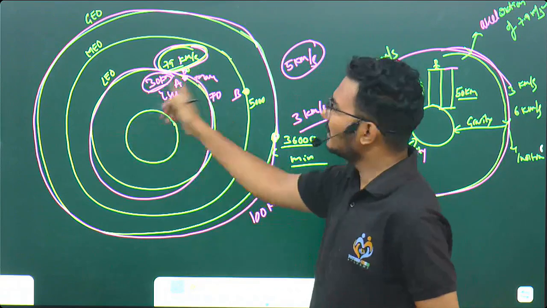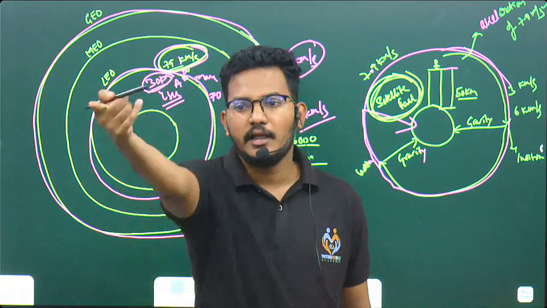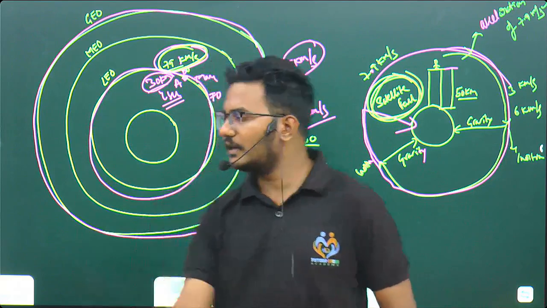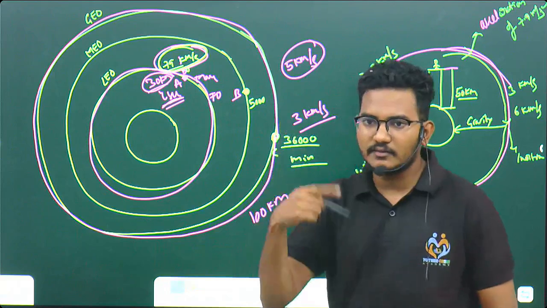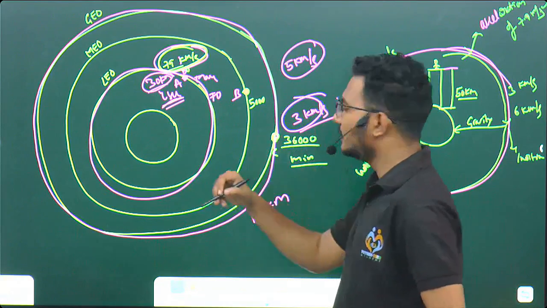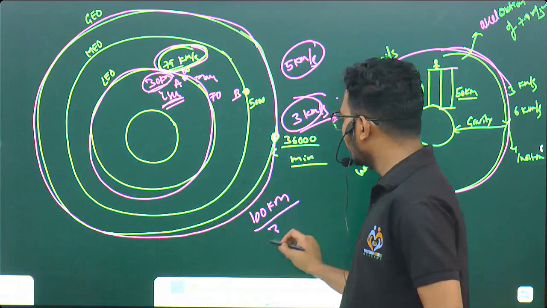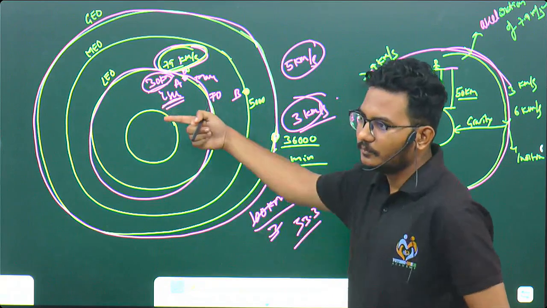In a second, it is covering 8 kilometers, guys. So if I close my eyes and open them, it will have covered 8 kilometers. So at this speed, it will take merely 4 seconds. And here, if I close my eyes and open them, in the meanwhile it is covering 3 kilometers, which means it will take 33.3 seconds to cover the distance. So which one is taking more time?